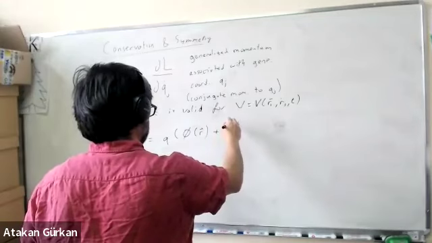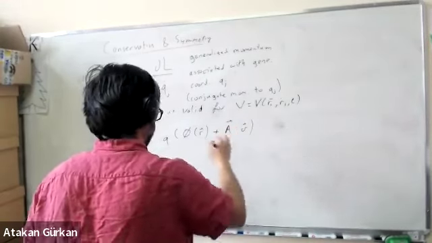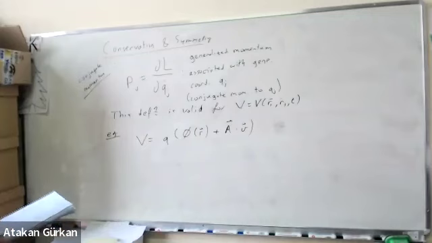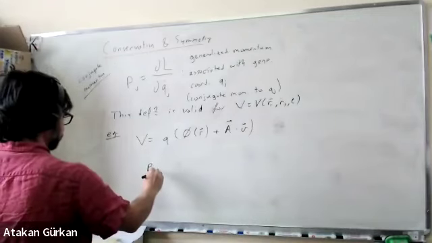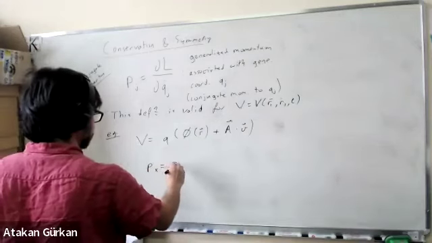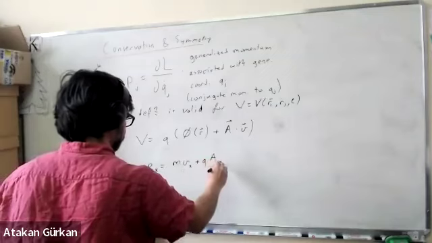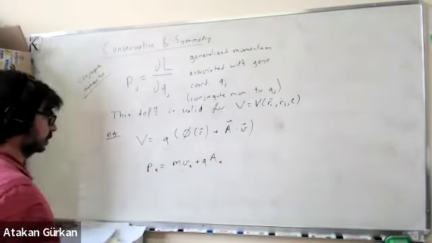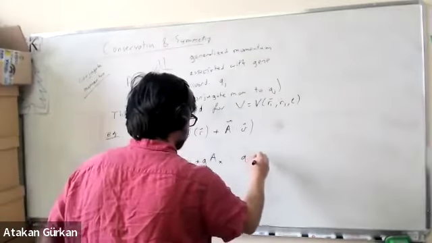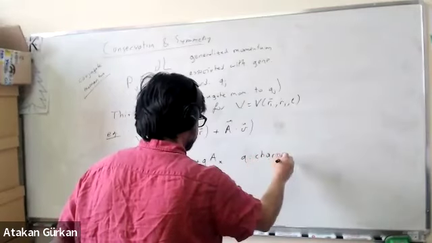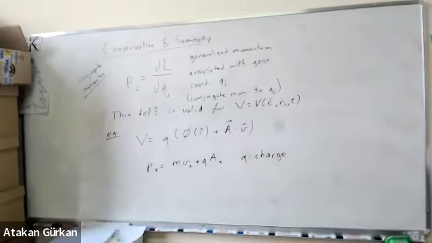Plus A dot v. Okay. And the p_x you get there is m v_x plus q times A_x. This q is charge. It's not the coordinate. It's an overloading of symbols, but there's no way around this.